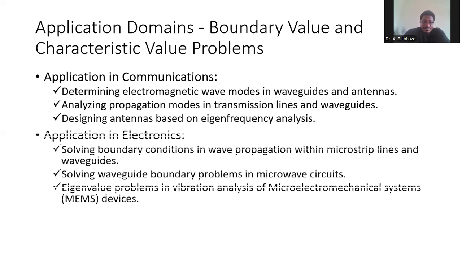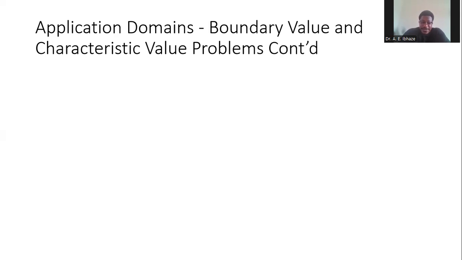And then in electronics engineering, they are used for solving boundary conditions in wave propagation within microstrip lines and waveguides, and also for solving waveguide boundary problems in microwave circuits. Then we also have the eigenvalue problems in vibration analysis in microelectromechanical systems and devices.